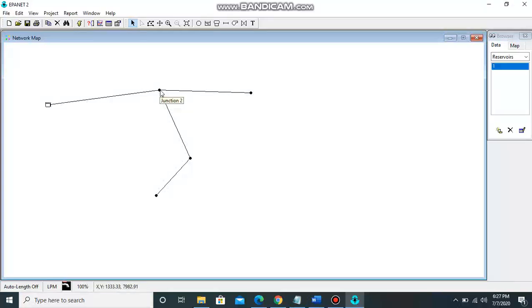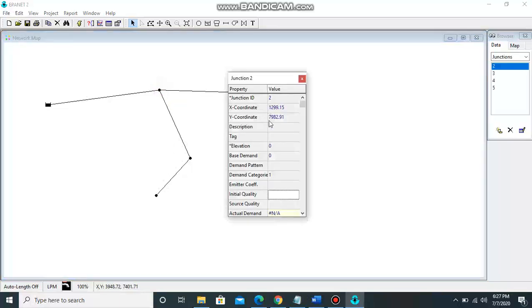junction. A junction is where the pipes meet together. Also, you can put here the elevation and the base demand. Base demand is the demand of the corresponding area of the junction.